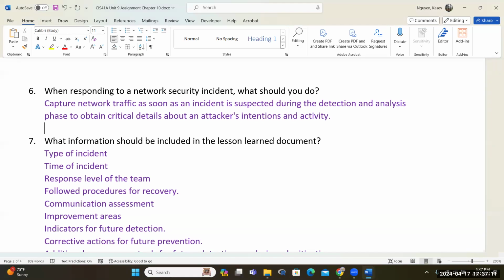So the improvement area is a little bit harder to expand if you're only looking at it from the lens of IT. You have to talk to the team members, and then you have to talk to the people that would be involved, so that they can tell you, oh, maybe next time we could do this, right?